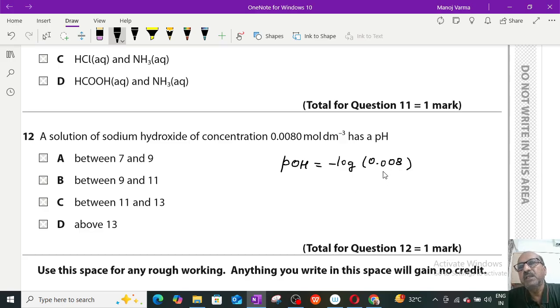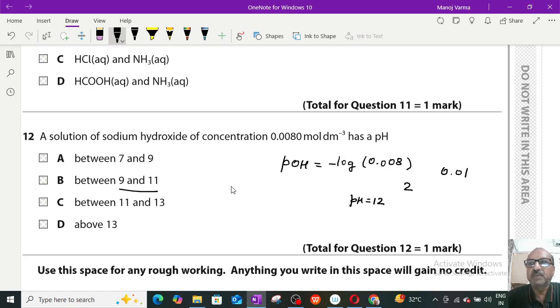If we approximate it to 0.01, that means the POH would be about 10 raised to minus 2. That is, POH would be about 2. So the pH would be about 12, 14 minus 2. So I think that 9 and 11, no, 9 and 11 looks to be the correct answer.